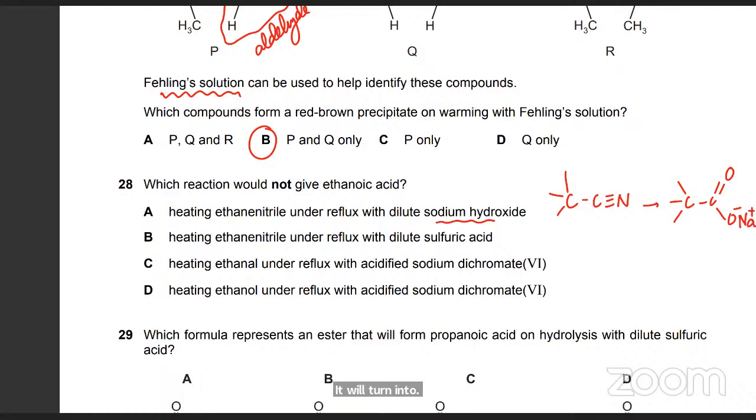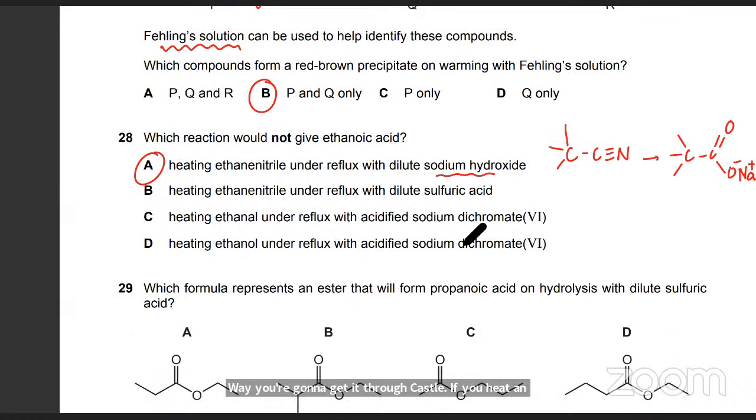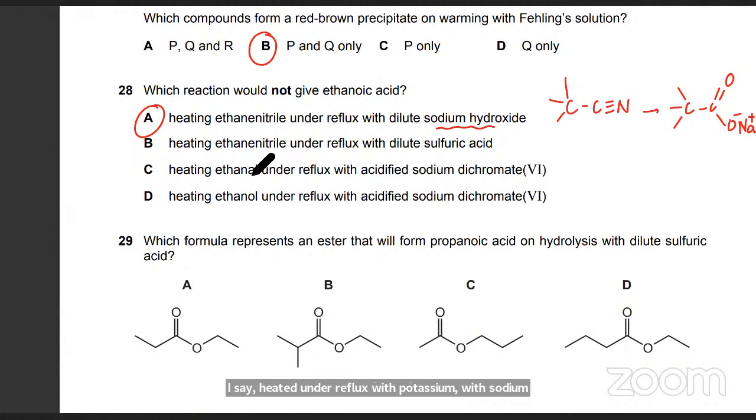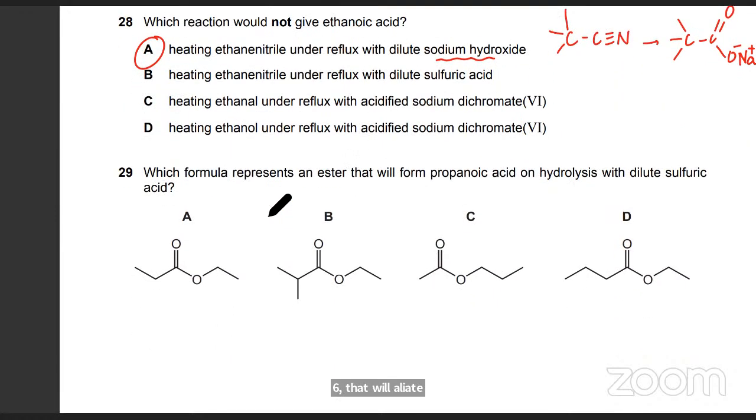Option A is the correct one. You're not going to get ethanoic acid, you're going to get a salt. Second, you're going to get ethanoic acid if you heat a nitrile with sulfuric acid. If I heat it under reflux with sodium dichromate 6, aldehyde will turn into carboxylic acid. Ethanol will also turn into carboxylic acid.